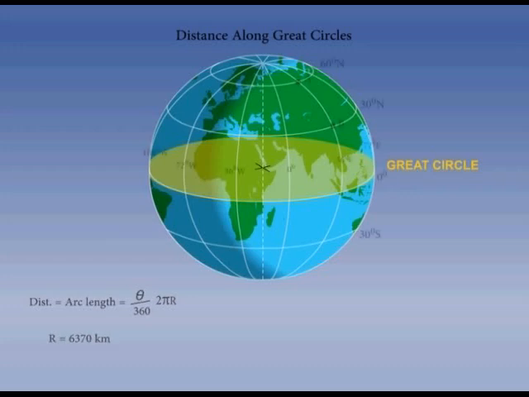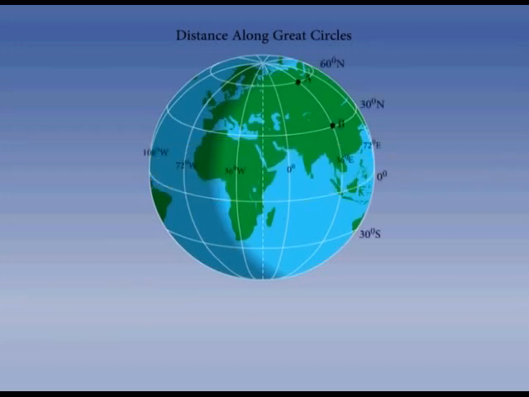For example, let us find the distance from point A to B, the shortest distance. These 2 points lie on the same meridian. A is 60 degrees north, 36 degrees east, and B is 30 degrees north, 36 degrees east.